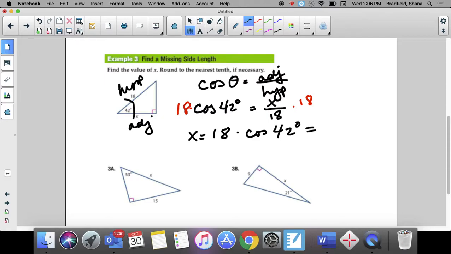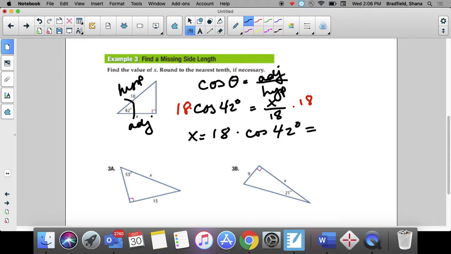Now we do want to make sure that we have our calculator in degree mode and not in radian mode. So you want to go to mode on your calculator and make sure it says degree.